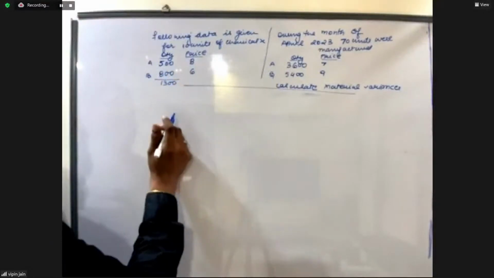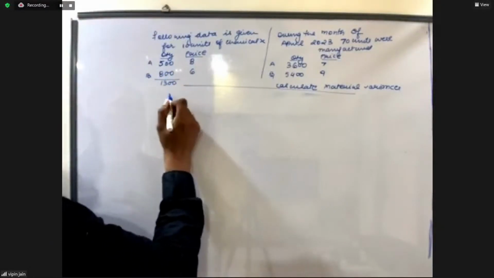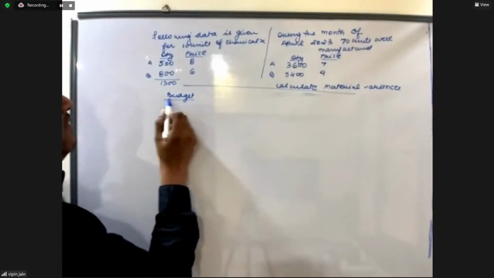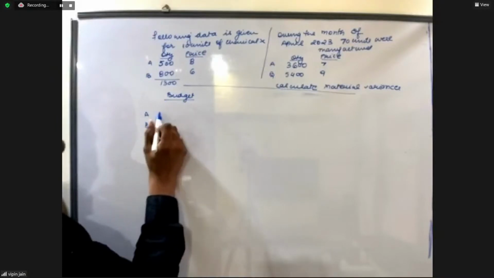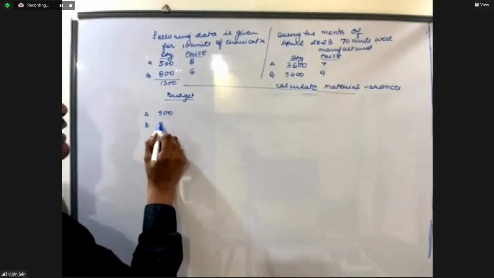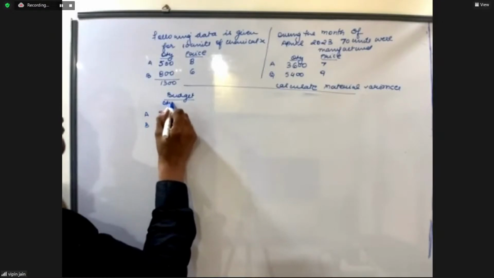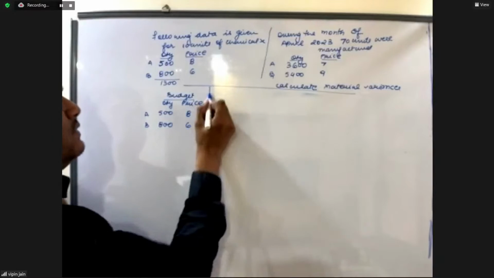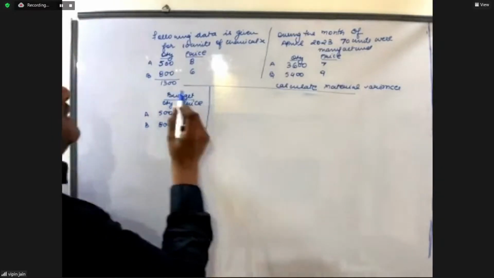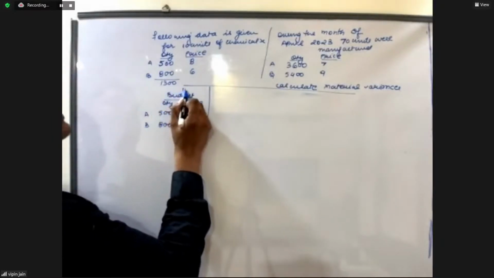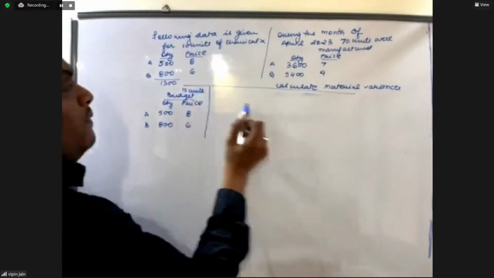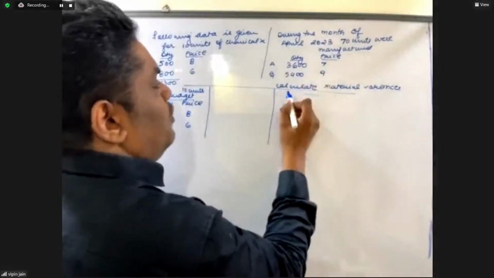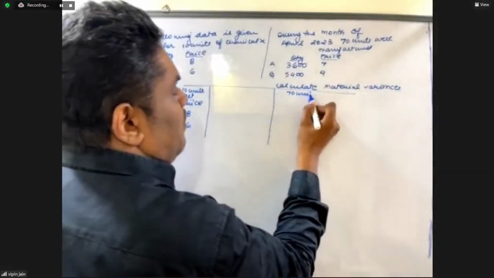When talking about the budgeted data, the information is given in the question, that is A and B, 500 and 800. The price is given, that is 8 and 6. Now this data is for 10 units of output. When talking about actual output, the actual output is 70 units.